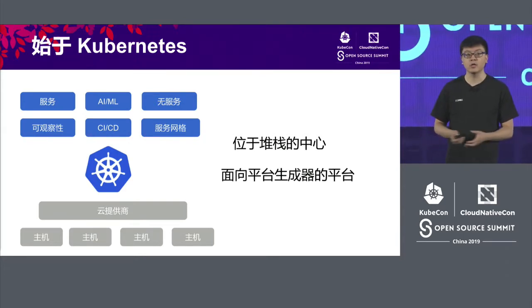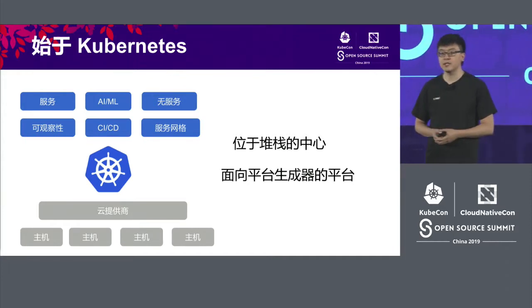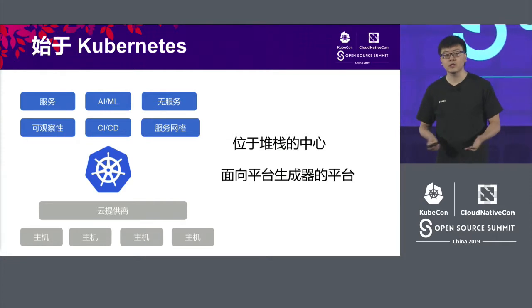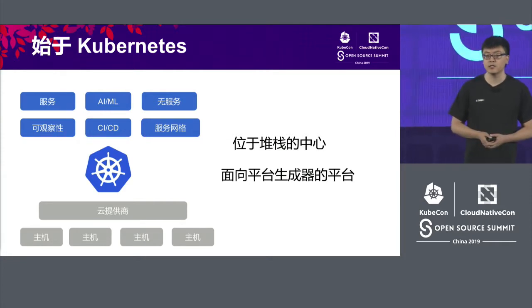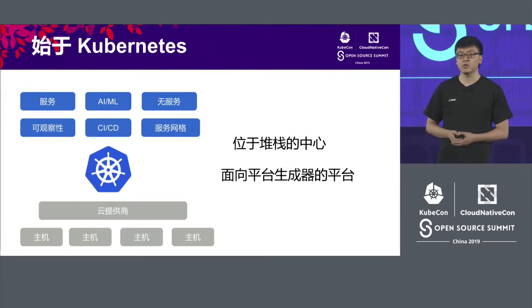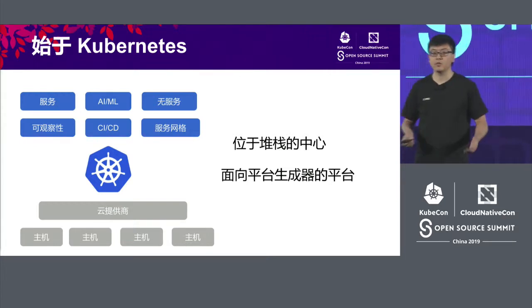No matter what kind of cloud you use, you are able to find a Kubernetes service. On the other hand, Kubernetes supports a lot of businesses in the upper layers, such as AI, machine learning, and many kinds of ecosystems in Kubernetes. Kubernetes has become the core of it.